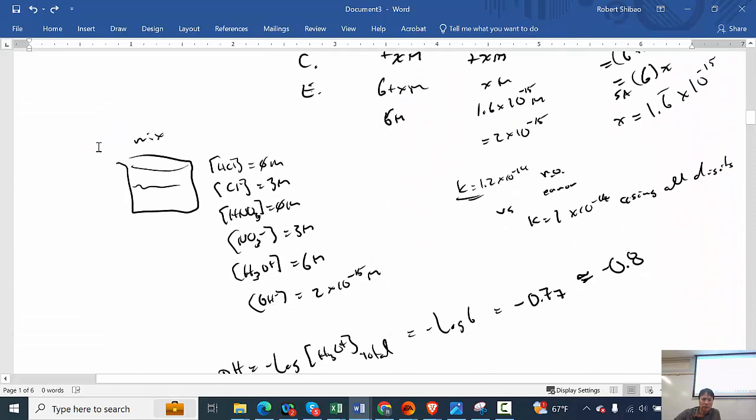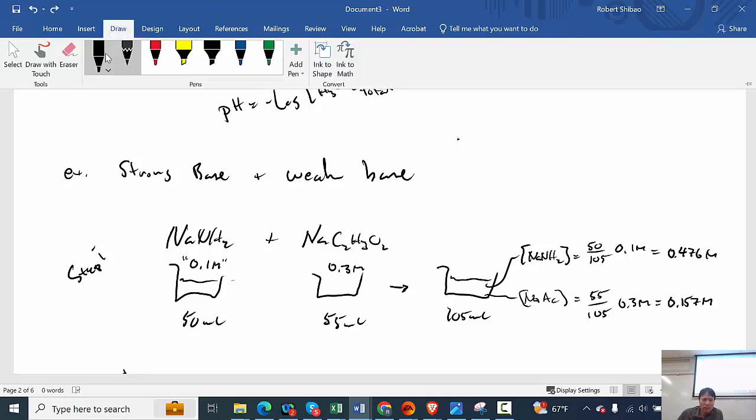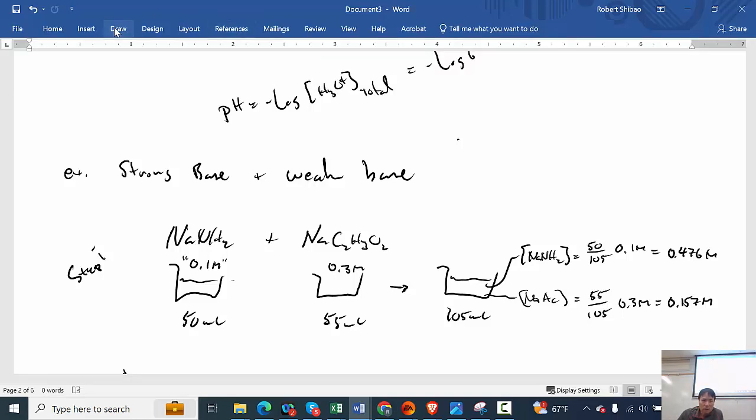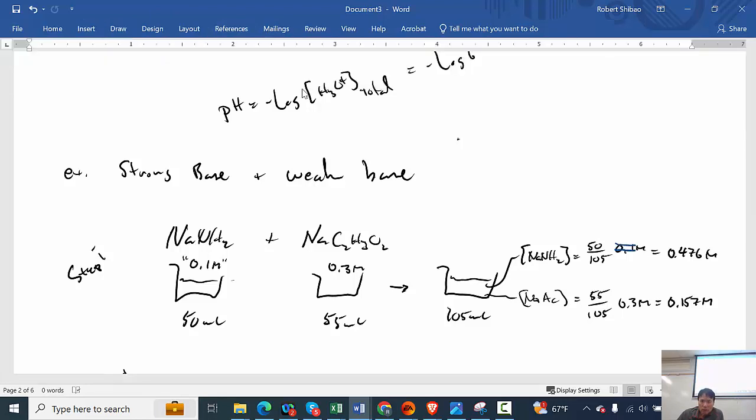If that's the case, then I need to change this. You're right. Rather than redo that, let's do this. Let's make this 1 molar.